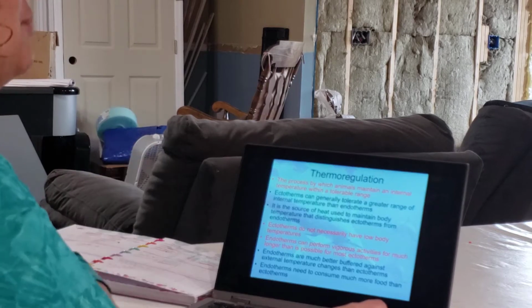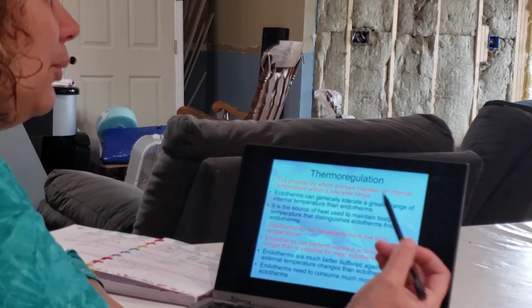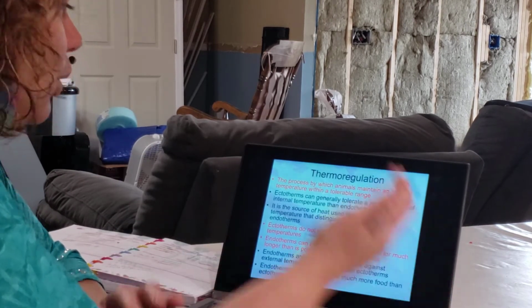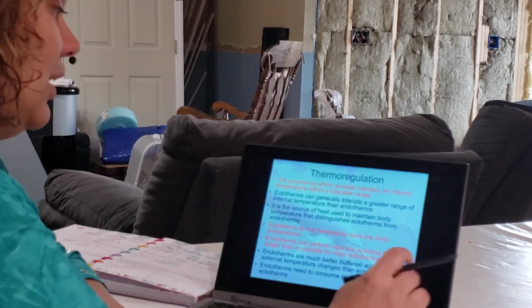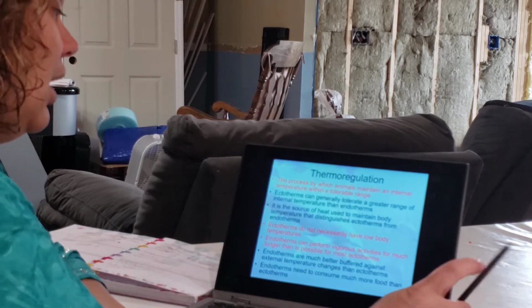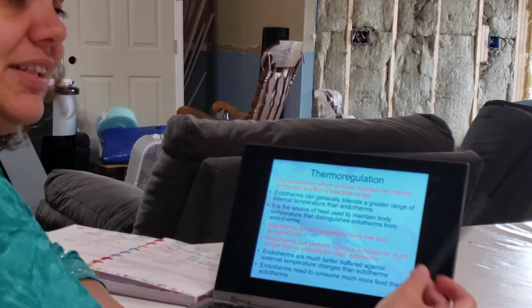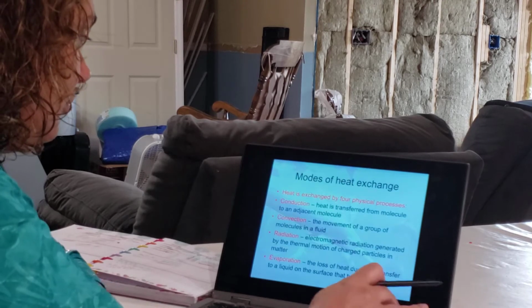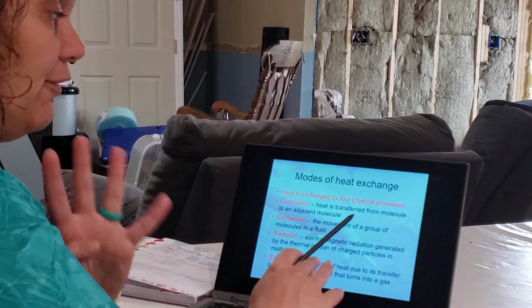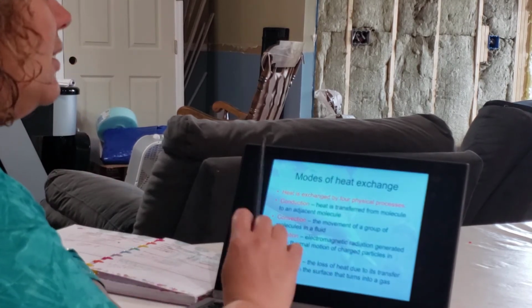Process by which animals maintain an internal temperature within a tolerable range, that's thermal regulation. You want to regulate the thermometer, the temperature, right? Ectotherms do not necessarily have low body temperatures. Endotherms can perform vigorous activities for much longer than is possible for most ectotherms. Heat is exchanged by 4 physical processes. You've got conduction.